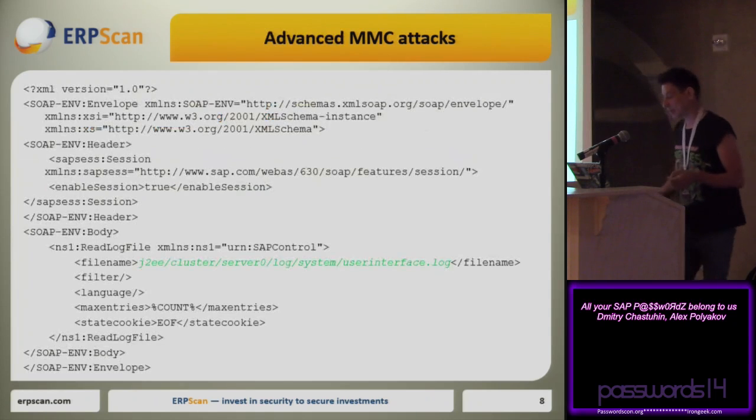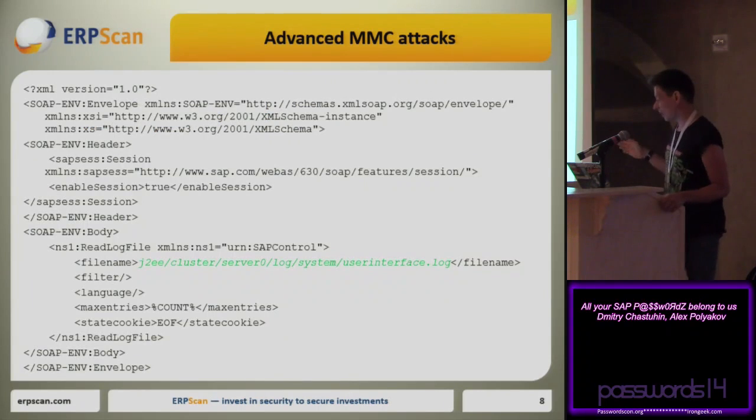For example, this is how an attacker can easily get the content of any file from the SAP server. Just using the function read log file, without any notification, an attacker can read a log file, or any other file from the system.